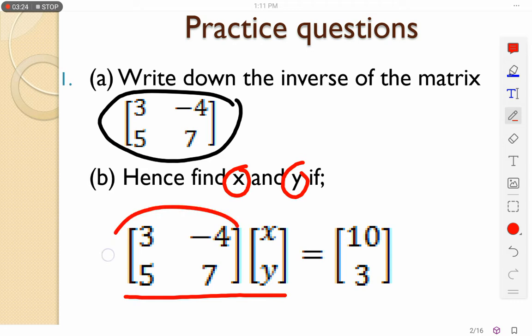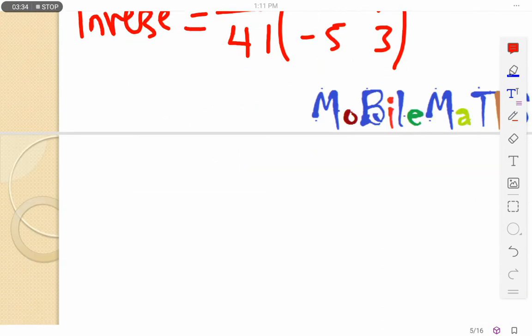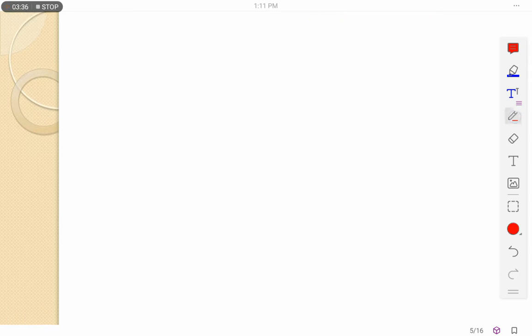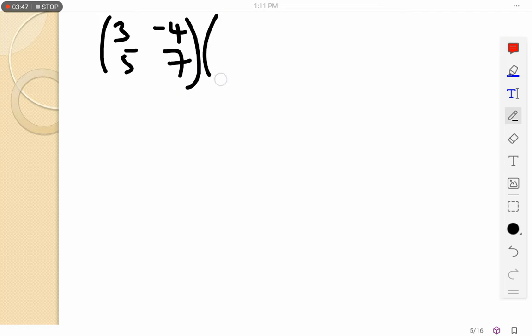Okay, so the first part is the one that we have got our inverse. So we are going to use that inverse and find the value of x and y. Let's do that. Okay, now we write our matrix. We have got 3, 5, -4, 7, x y is equal to 10, 3.